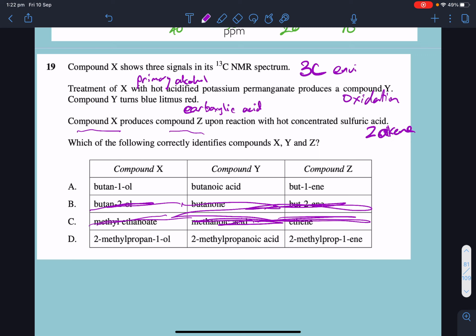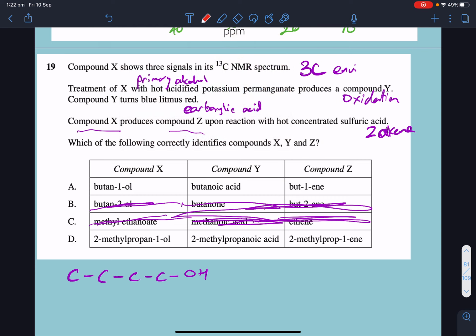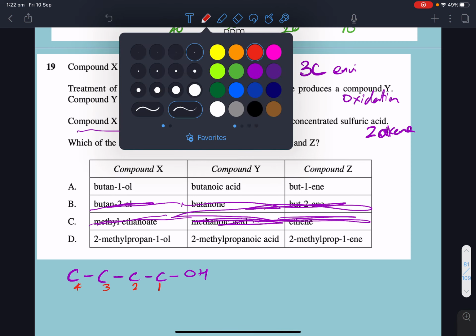I'm thinking that the 3 carbon environments are going to distinguish what is going on here. Meth, eth, prop, but-1-ol. Even without drawing the hydrogens in, because it's so unsymmetrical, we'd have 1, 2, 3, 4 carbon environments, so that's not it.